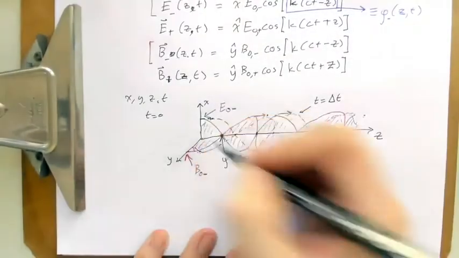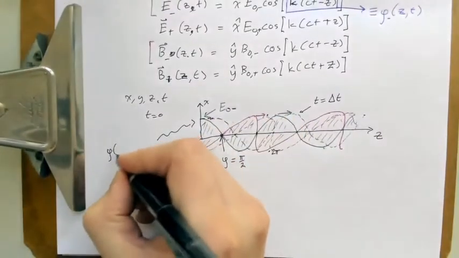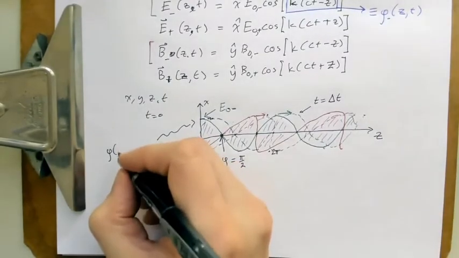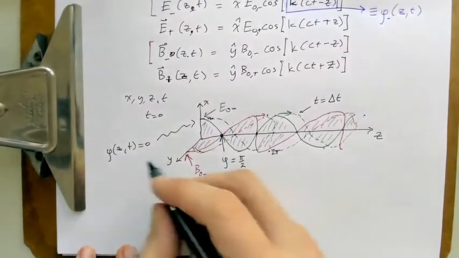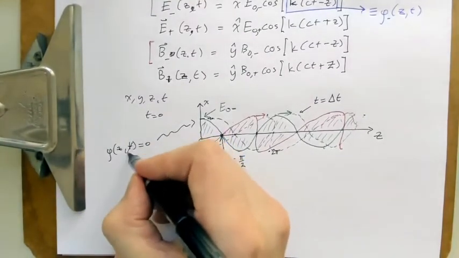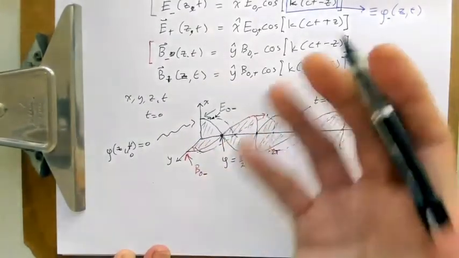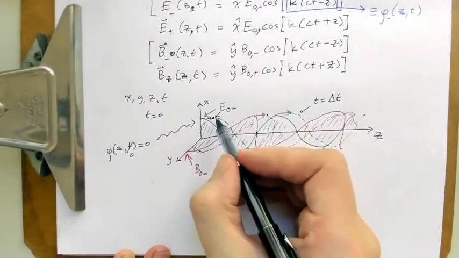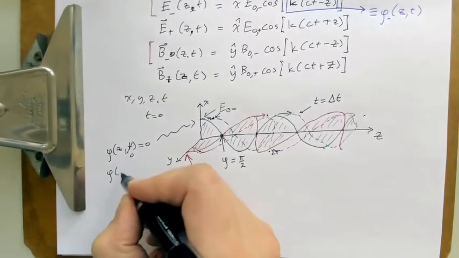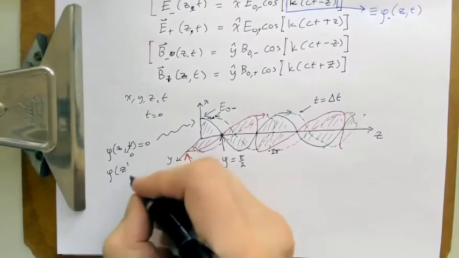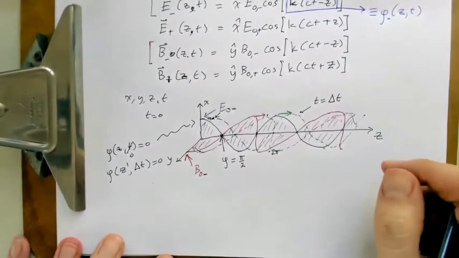So that point is where the phase at z, t equal to 0 is 0. And then the point has moved over here. It's still the point with the same phase, because that crest has now moved here. So now the phase is at some new coordinate z prime at some delta t, which is now equal to 0.